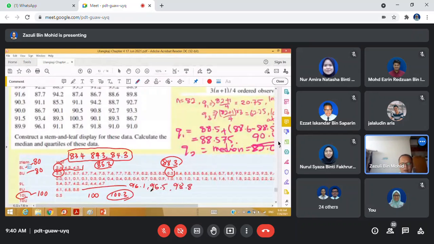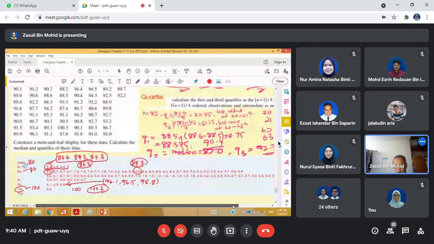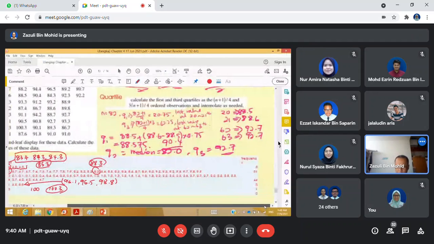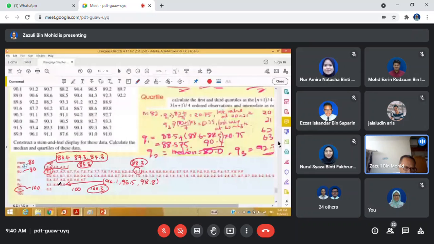So this method is quite confusing. You can have many possibilities of making mistakes when you arrange it. Okay, but the categories here you can define yourself. You have the lower and the upper.